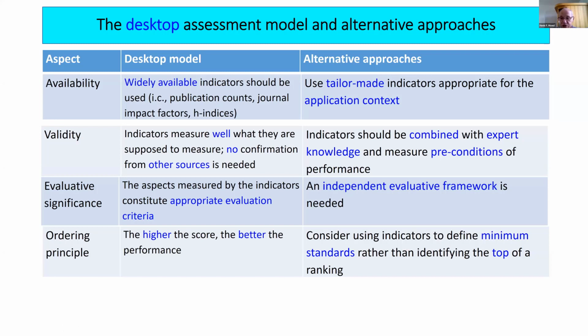For instance, instead of evaluating on the basis of the impact factor of the journals in which one publishes, and rewarding research published in high impact journals, it's reasonable to have a policy in which you would require researchers to publish maybe 1 out of 5 papers in an international journal.